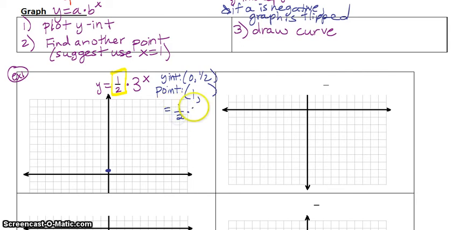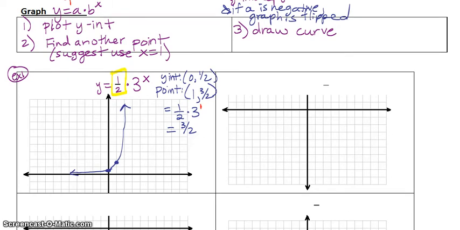So what that means is I take my equation and I'm going to put a 1 in for x. Use your calculator if you need to, but this ends up being 1/2 times 3, which is 3/2. So in my mind, I'm thinking 1.5. Alright, so I go ahead and graph that. And then step 3, draw in the general shape, because we know it's going to look like an exponential growth. And that's all you got to do for your graph. We also want to state the asymptote and the domain and range.